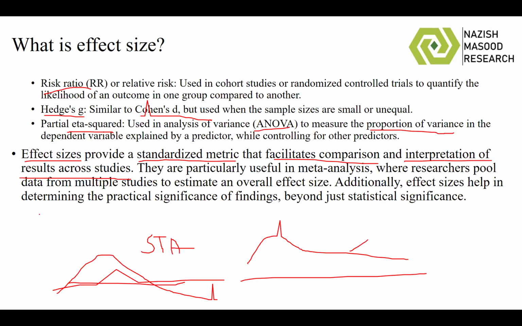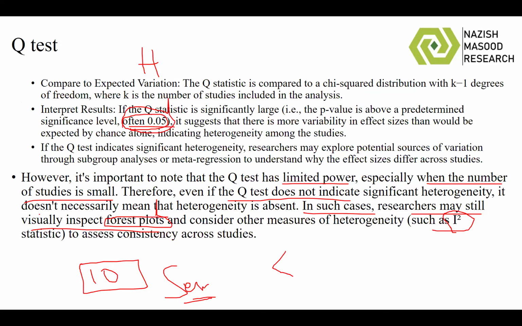So the interpretation of Cochran's Q is that if the p-value is more than 0.05, there is no heterogeneity. If the p-value of Cochran's Q is less than 0.05, then there is significant heterogeneity.